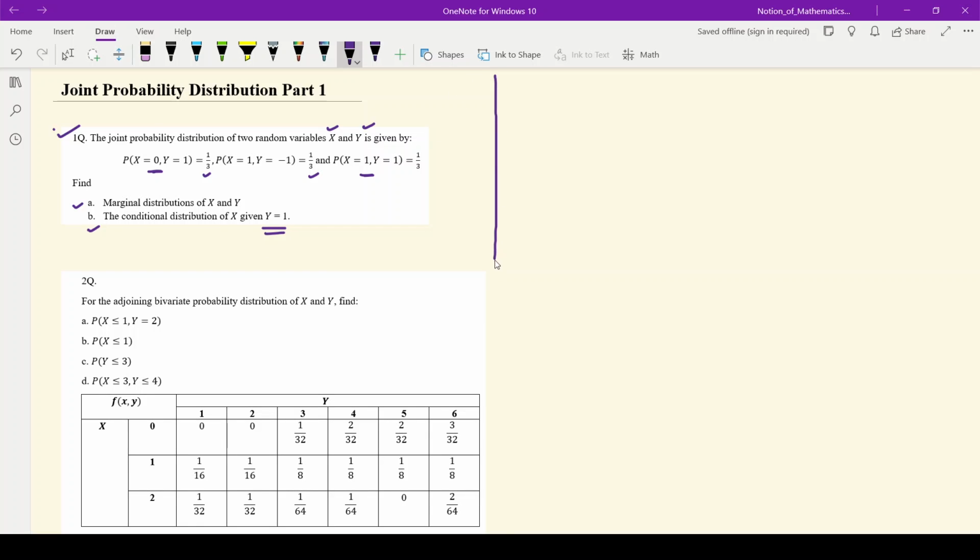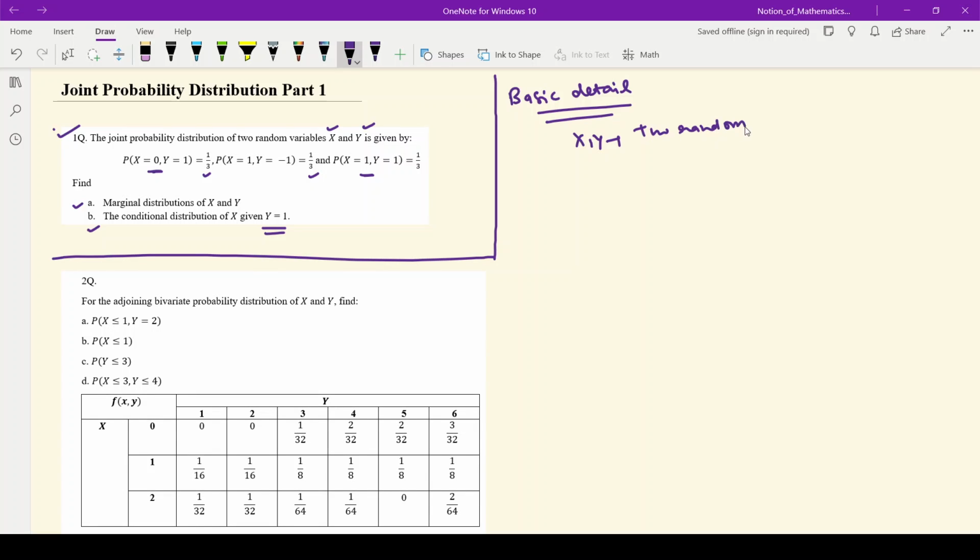Now, in order to deal with such a question, first of all I will be discussing a few basic concepts and some basic details. If we are dealing with two random variables x and y, there will be two approaches as usual, the discrete approach and the continuous approach.